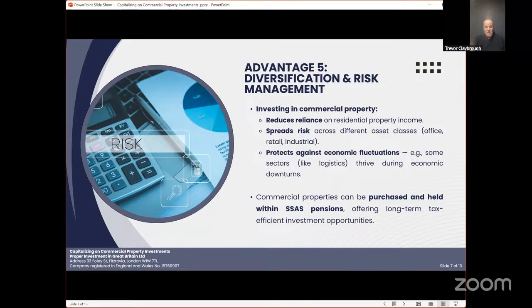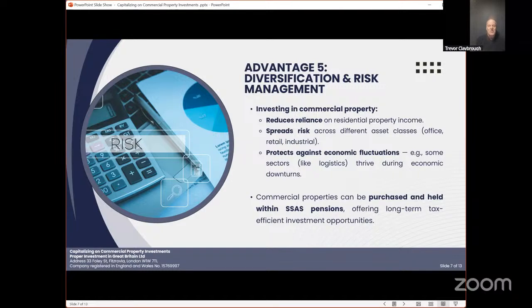And mentioning also, as an aside, commercial properties can be purchased and held within SAS pensions. A SAS pension is for people that own businesses, so they must own their own business. They can create a self-administered pension fund, so their business can contribute into that pension fund, and that pension fund can invest directly in commercial property.